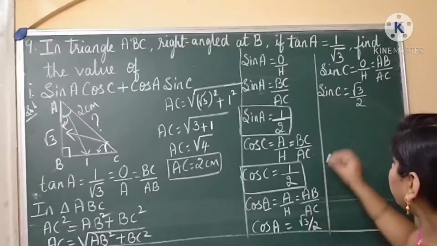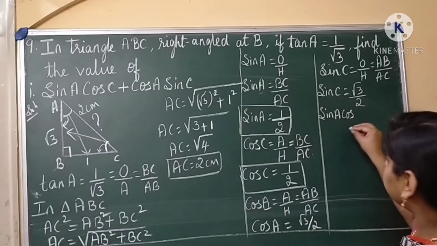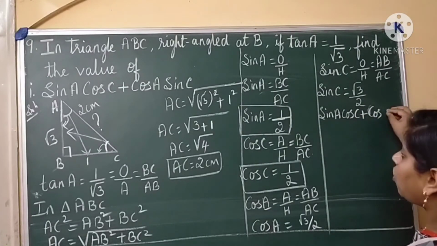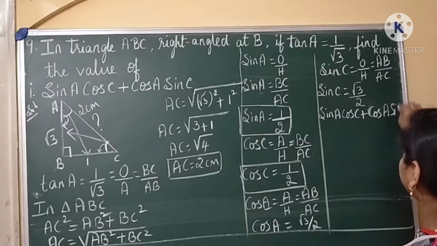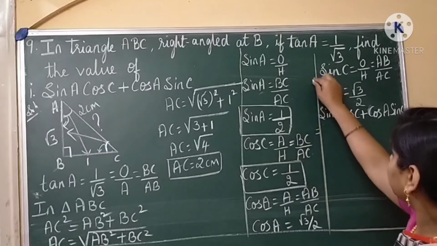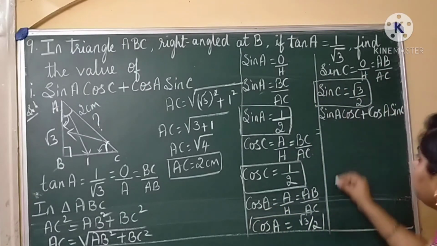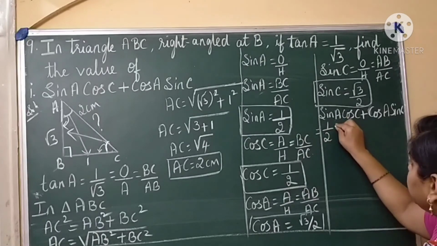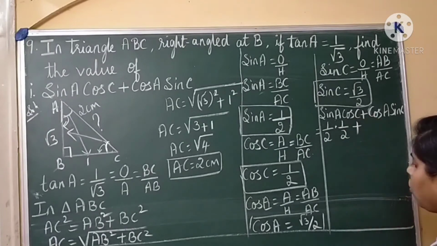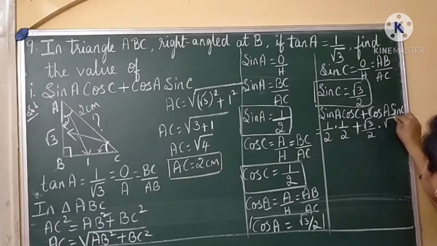Now substituting the values in sin A cos C plus cos A sin C, we get sin A is 1 by 2 into cos C, we have got 1 by 2, plus cos A is root 3 by 2 and into sin C is root 3 by 2.